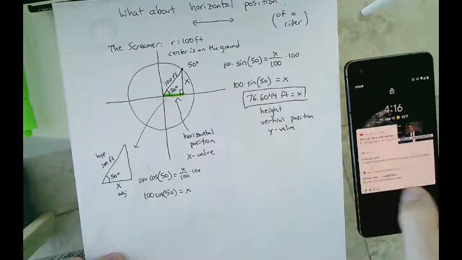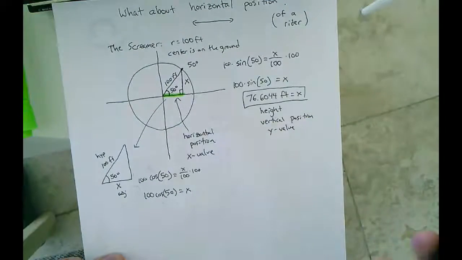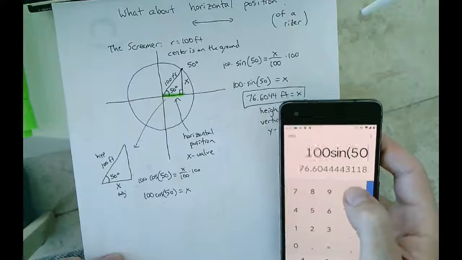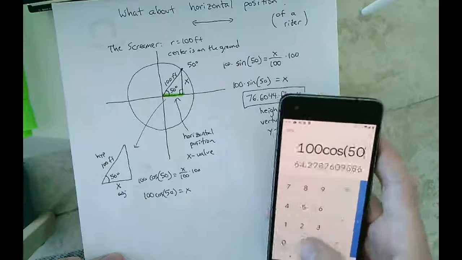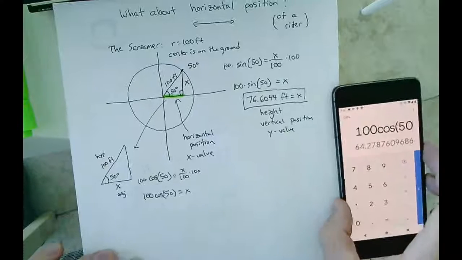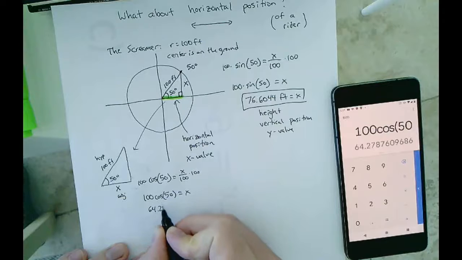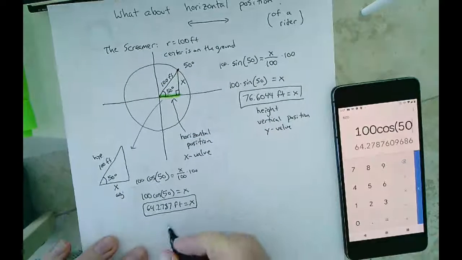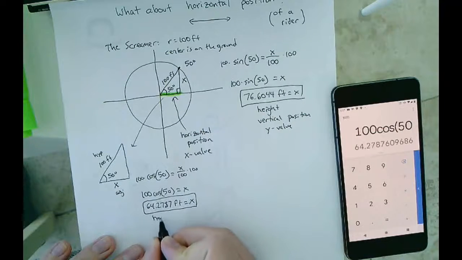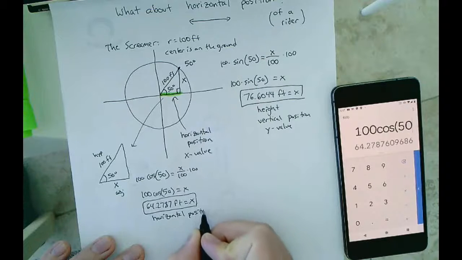So I want to unlock my phone and show you 100 cosine of 50 degrees. That right here is 64.2787 feet. That right here, everybody, that is our horizontal position. That is our x value.